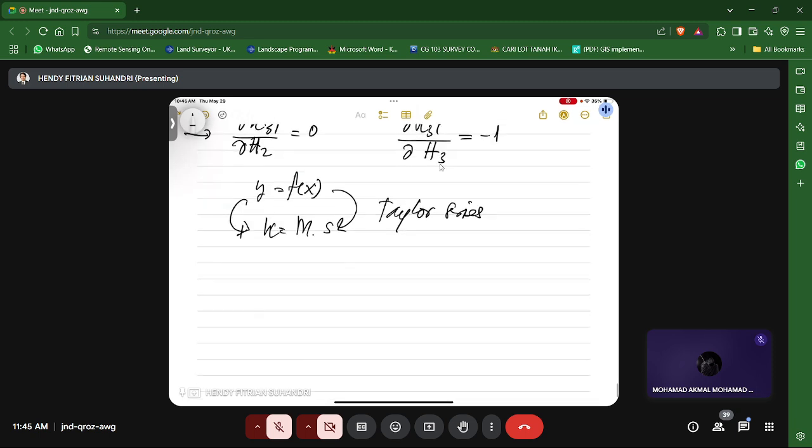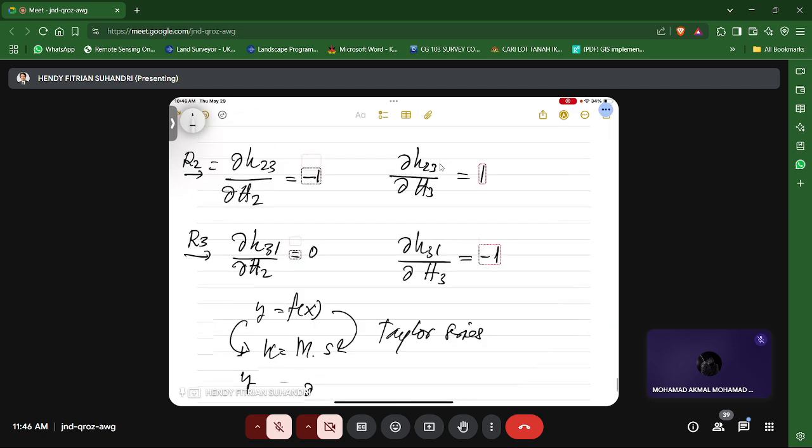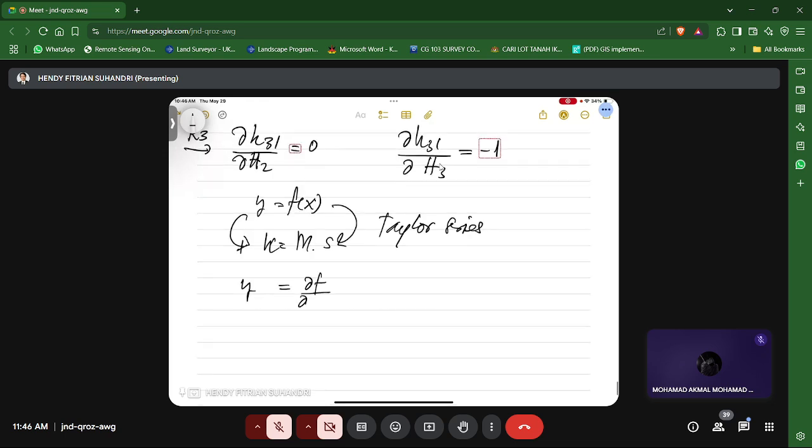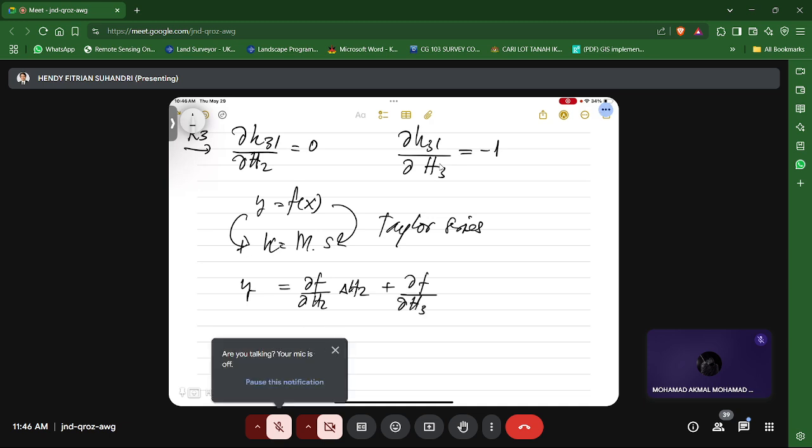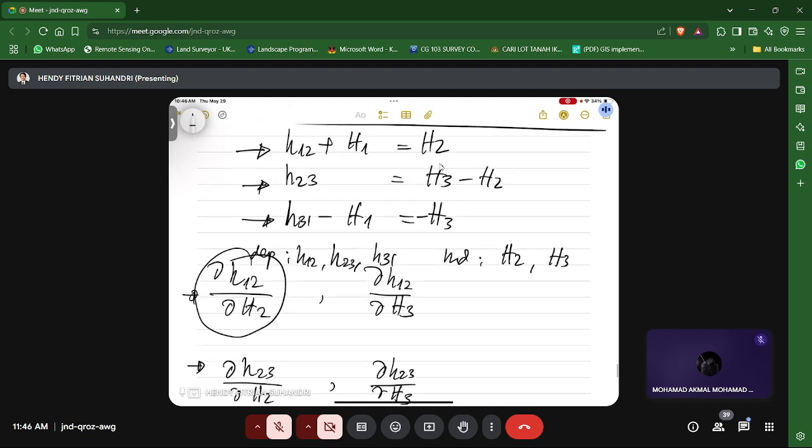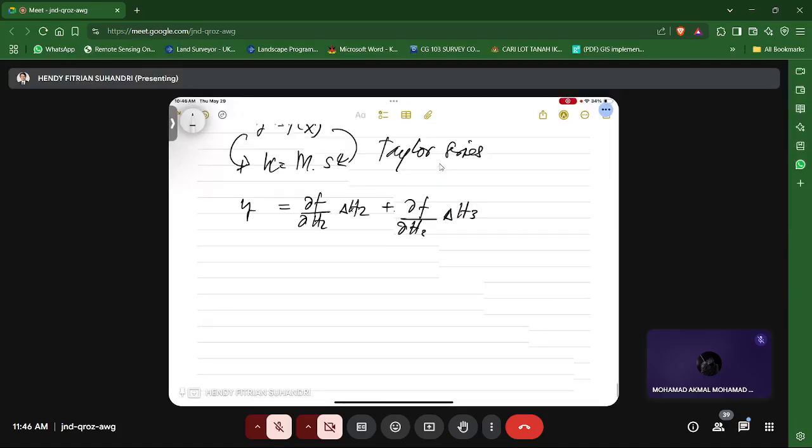Maka persamaan dia itu adalah Y sama dengan turunan do function diturunkan terhadap do H2 delta H2 plus do function diturunkan terhadap do H3 delta H3.